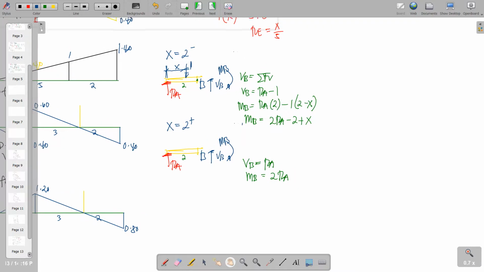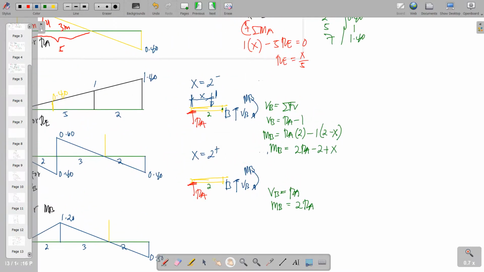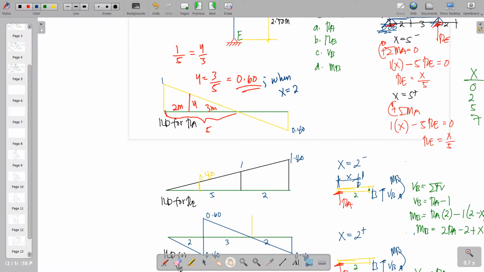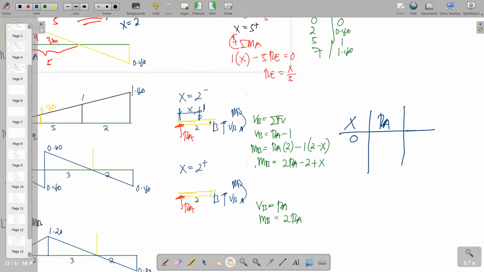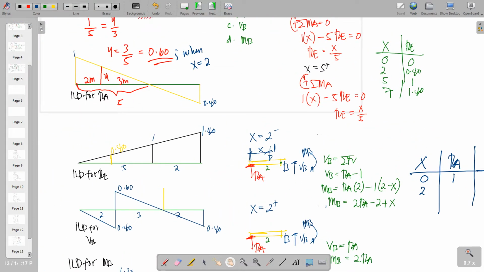Okay. So we can now tabulate. When x is 0, your RA a while ago is 1. When x is equal to 2, it is 0.6.